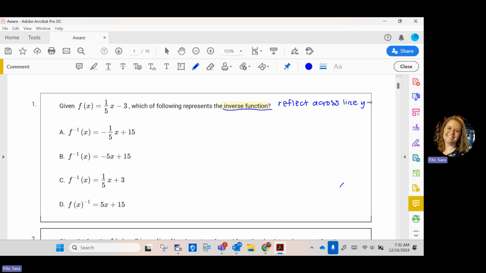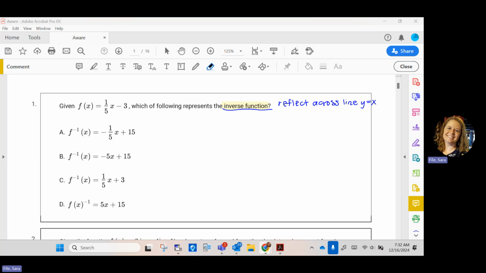So graphically, you could do this in Desmos if you wanted to go and type each of these in and compare the graph. Then you don't have to do the algebraic work.